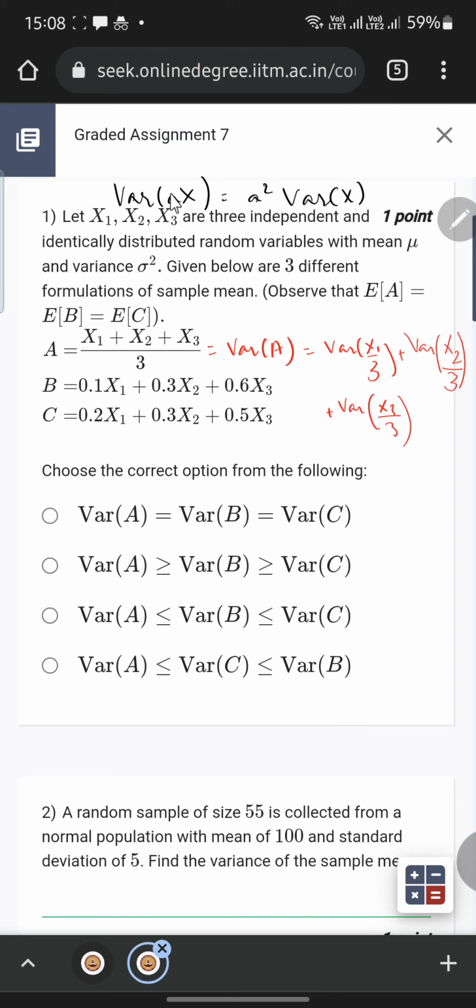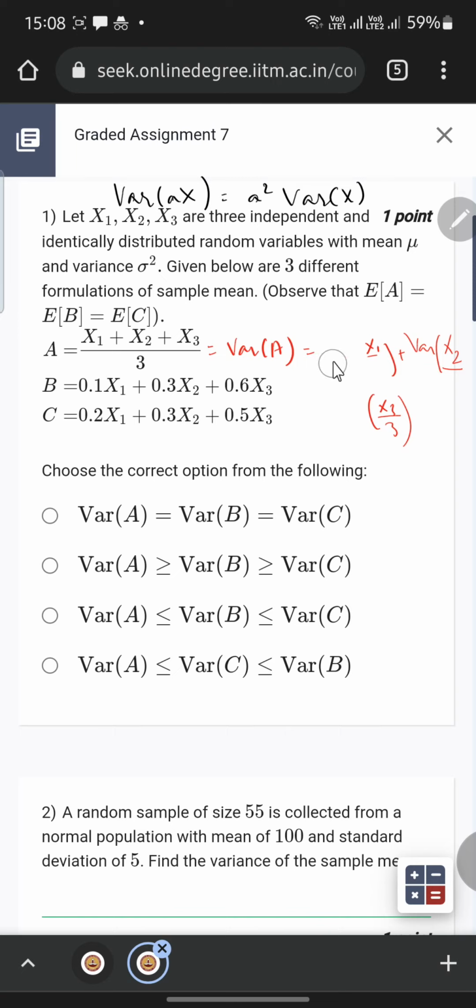Also, it is given that the variance for x1, x2 and x3 is sigma square, so we can replace it and use this formula. 1 by 3 squared would be 1 by 9, so we can take the 1 by 9 outside.